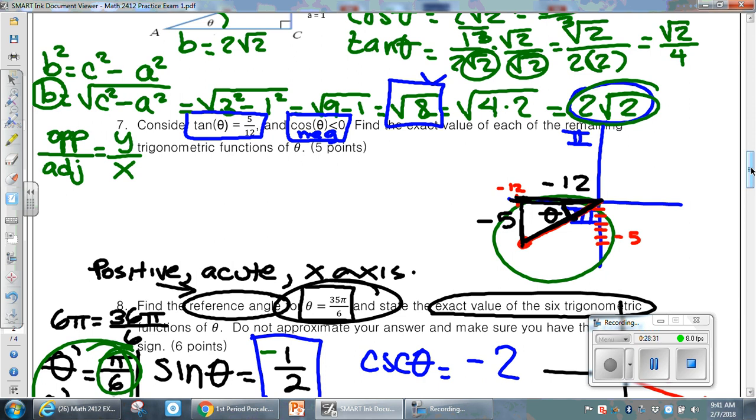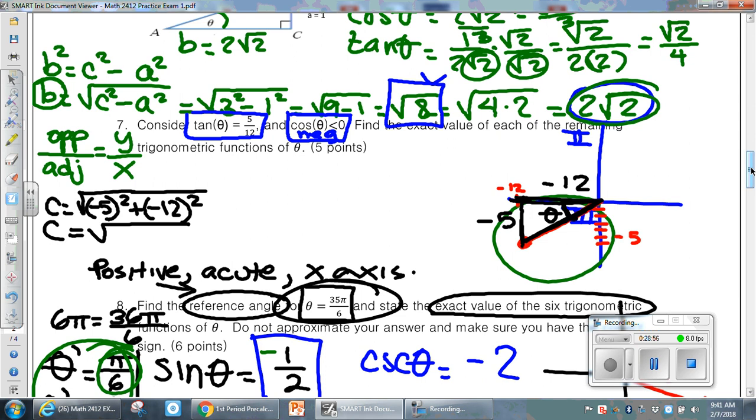Yes, so let's see, is it 13? Let's make sure. So c is the square root of negative 5 squared plus negative 12 squared. Oh yes, this is where you might make a mistake. Please do not forget that when you square a negative quantity, it's always going to be positive. So please don't be giving me fake answers here, okay?